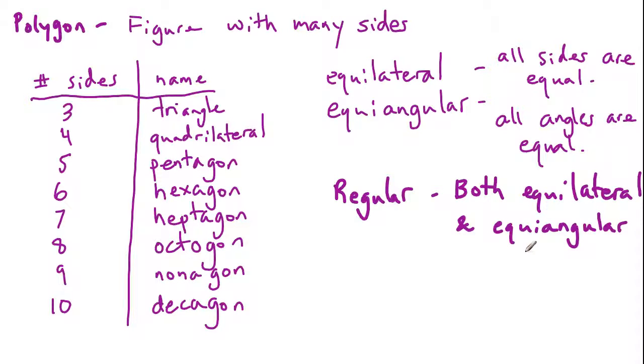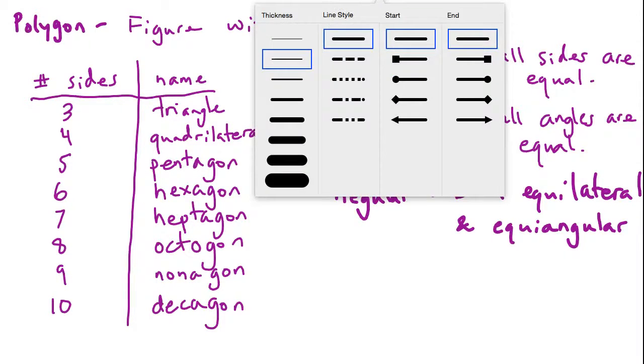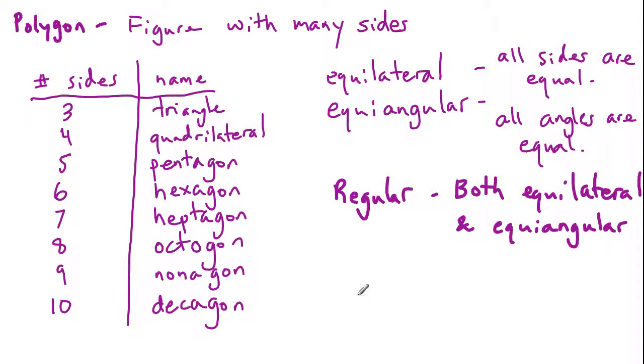Okay, so let me give you an example of what this looks like. Okay. We'll draw a quadrilateral that's both regular and not regular. Okay, so here's the first one, let's draw something that's regular.